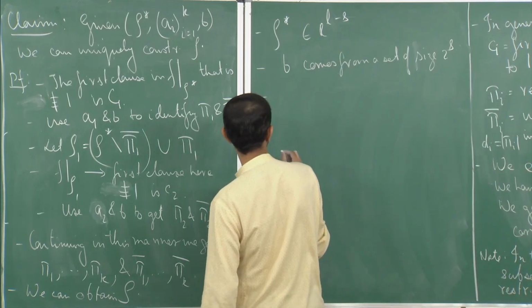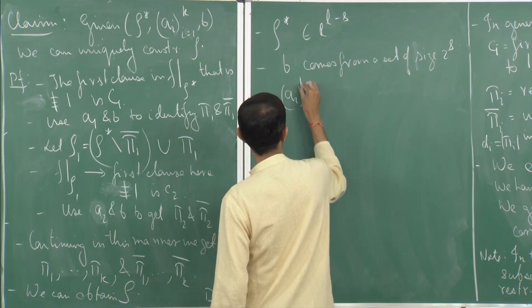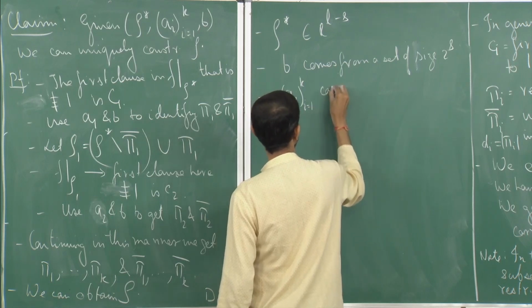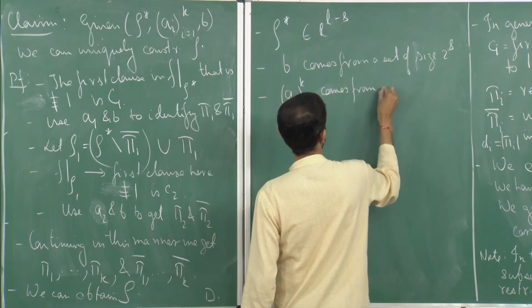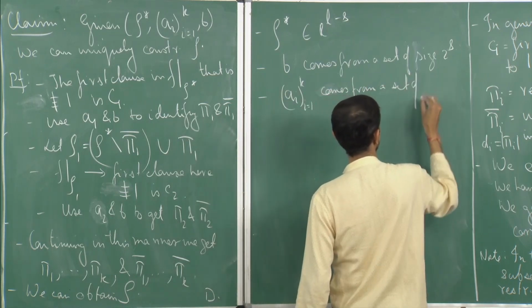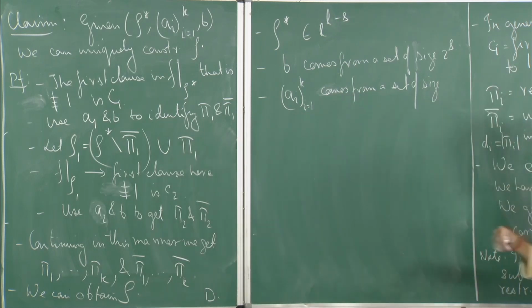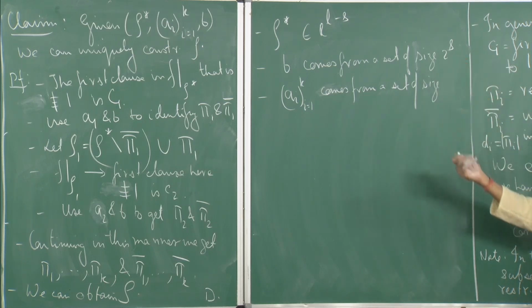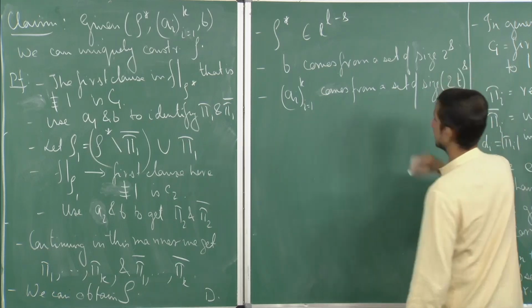So, now the only thing that is left to show is that the A i's, i going from 1 to k, come from a set of size how much? How much do we need? So, W was 4t to the power s, I already have a 2 to the power s. So, what remains is 2t to the power s.